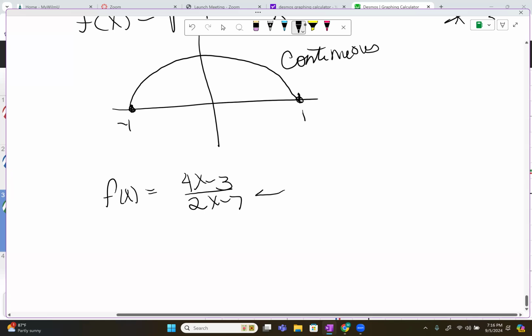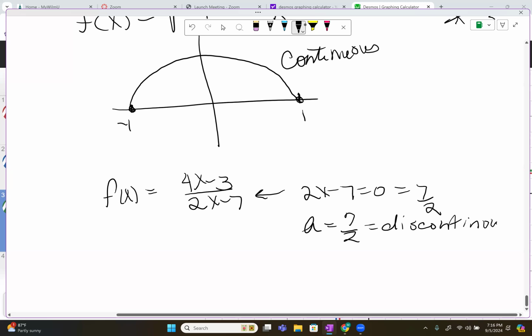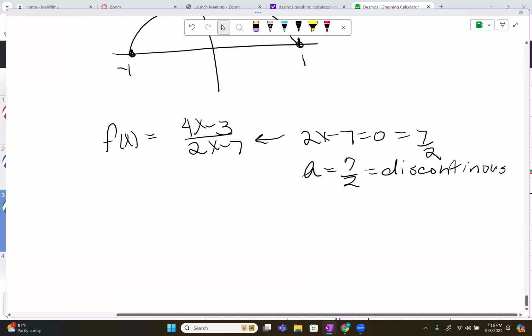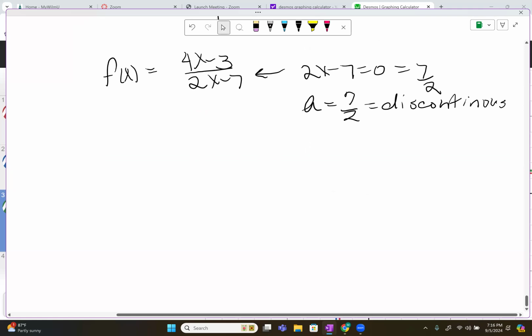The denominator is the key here. The 2x minus 7 equal to 0 is going to yield you a 7/2. At 7/2, you would say that a is equal to 7/2, and you would say it's discontinuous. Because if you think about it, you can never have a denominator that's 0, right? That makes your fraction irrelevant.